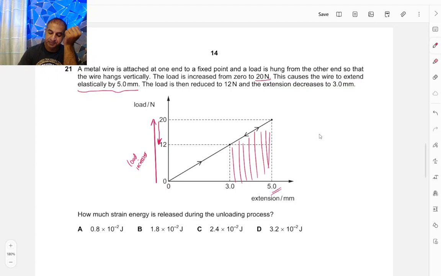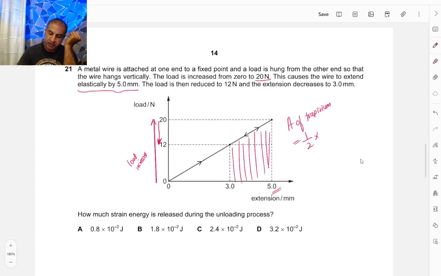the area under the graph, the area of the trapezium. So area of trapezium should be equal to half into the height of this trapezium, which is this.